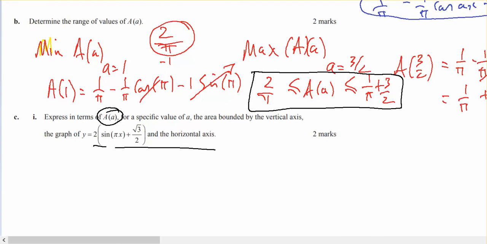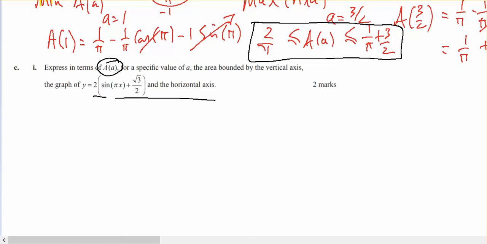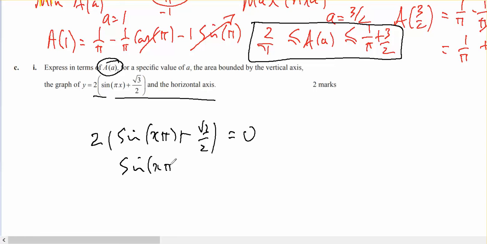Okay, so what have I got? If I've got 2 times the sine of x pi plus root 3 on 2, I need that between that and the horizontal axis. So set it equal to 0 to find the x-intercept. Then sine of x pi plus root 3 on 2 equals 0.